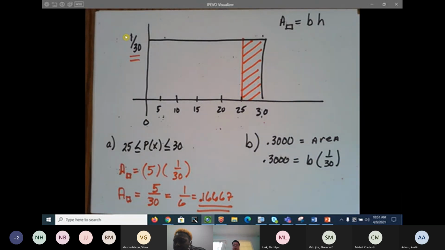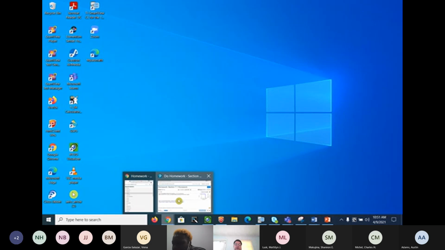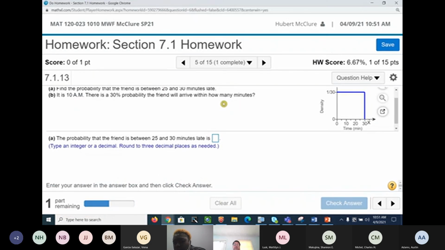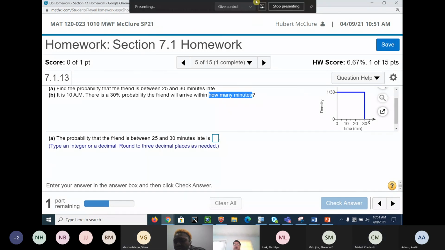Well, Hubert, how do you know you're looking for the base? Well, look at the question. What does it ask for? Somebody look at the question. Tell me what the question asks for. How many minutes? What is minutes, X or Y? X. So that's the base. You're trying to find the base.